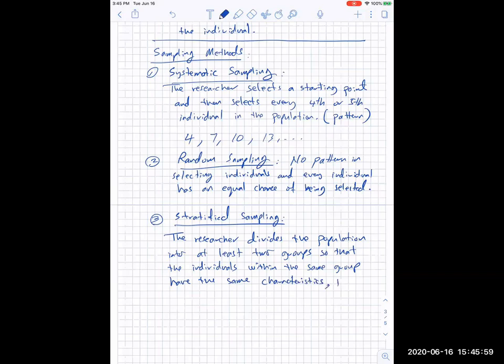Right? And then after dividing the population into groups, the researcher selects few individuals from each group. Okay, selects few individuals from each group.